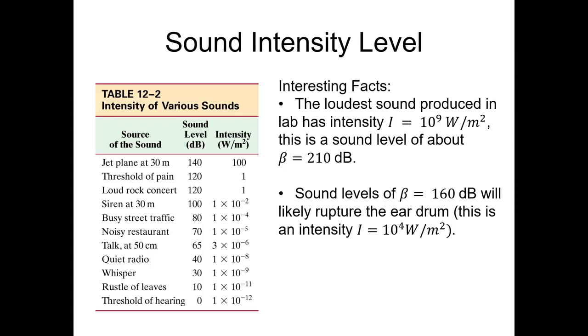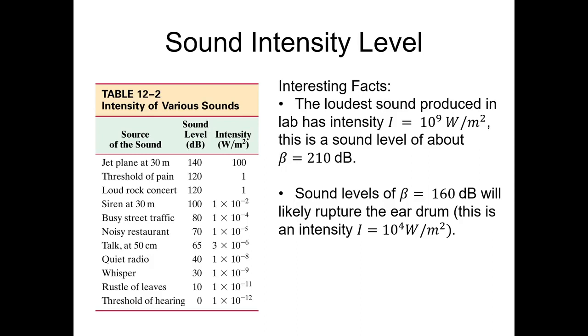And then the threshold of hearing, the sound level is 0, and the intensity is 10 to the minus 12. Remember, you can measure this, and the threshold of hearing turns out to be 10 to the minus 12 watts per square meter. The reason the sound level was defined the way it was is that we use that reference intensity of 10 to the minus 12, so that when the intensity itself is 10 to the minus 12, the sound level will be 0.